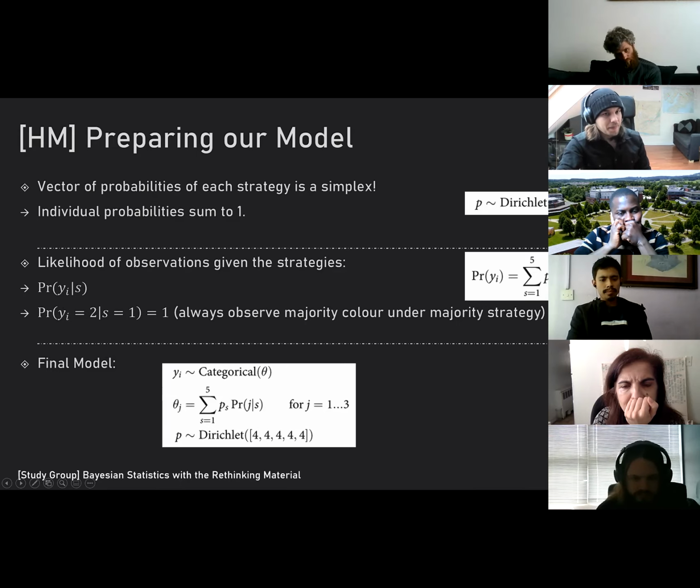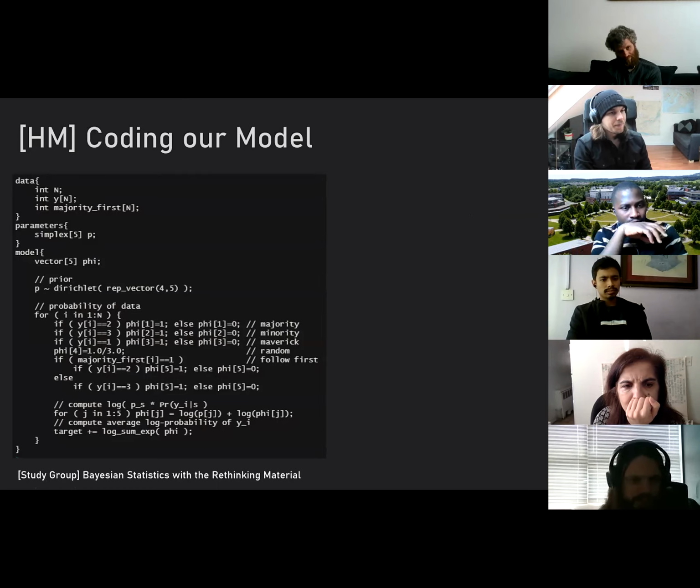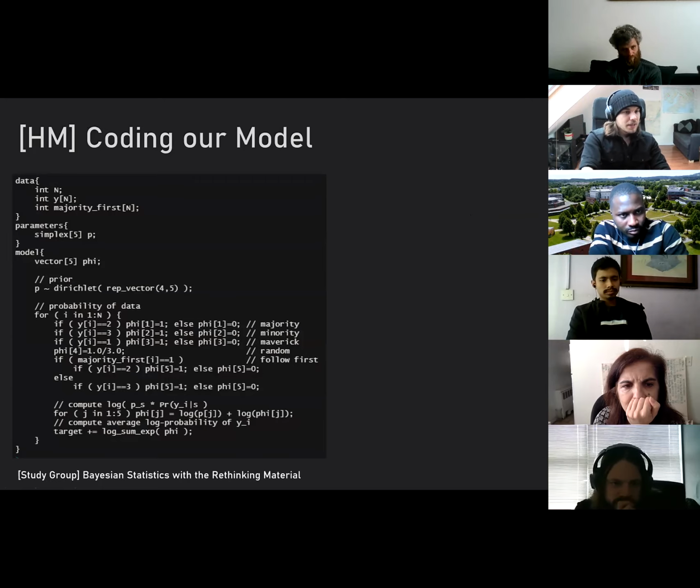Now for the actual model. This is where it gets a bit convoluted, and I thought we might want to take some time to look at a bit of Stan code. With this Stan code, each Stan model consists of a few things.